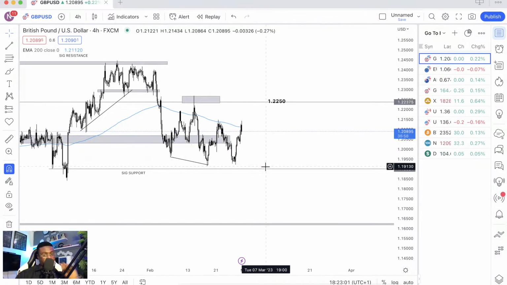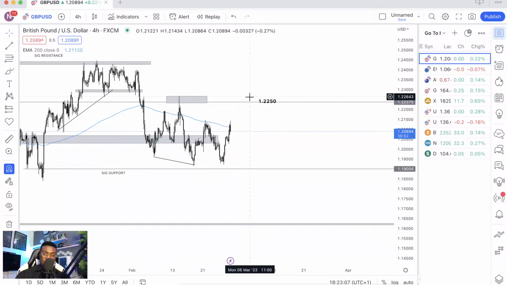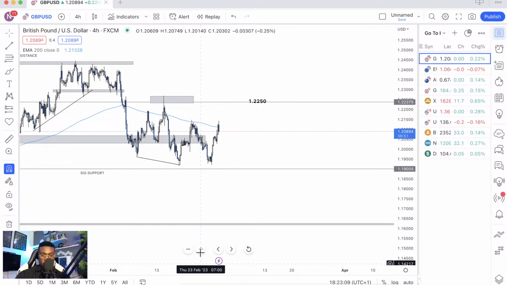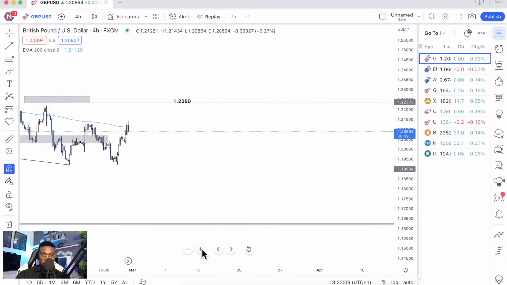So the pound dollar market is currently sitting at the 200. I'm just going to zoom in for you guys so you can see clearly.